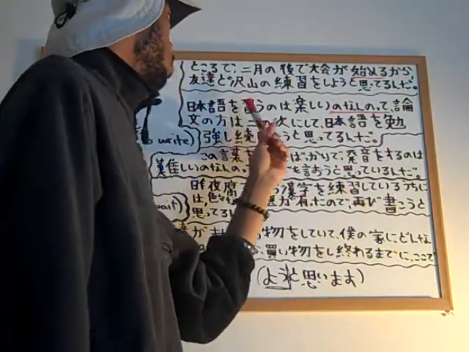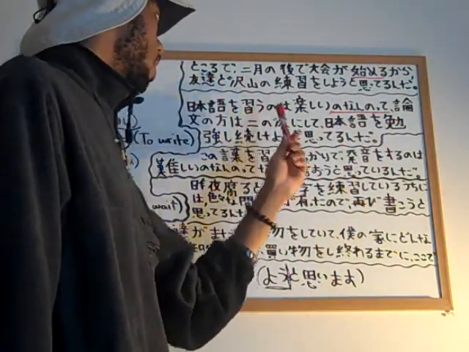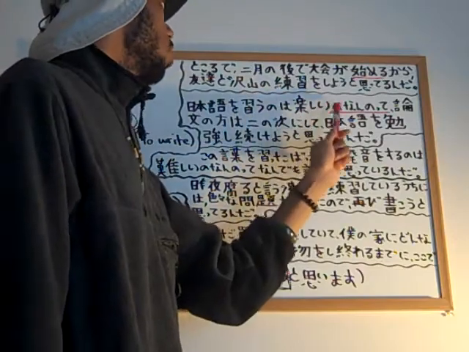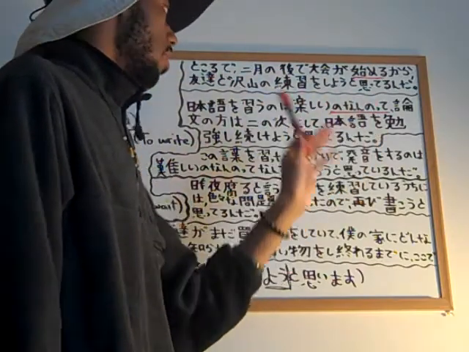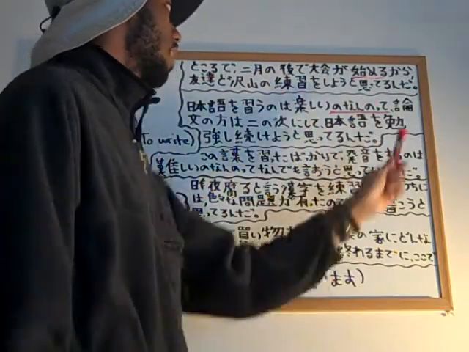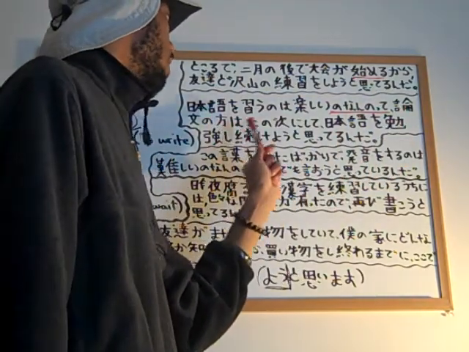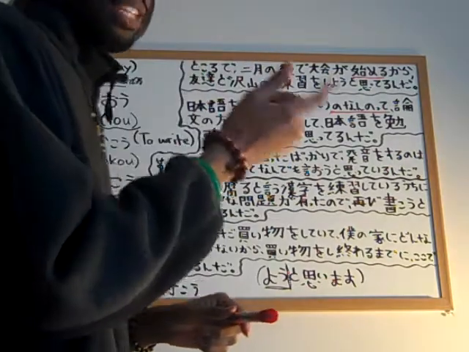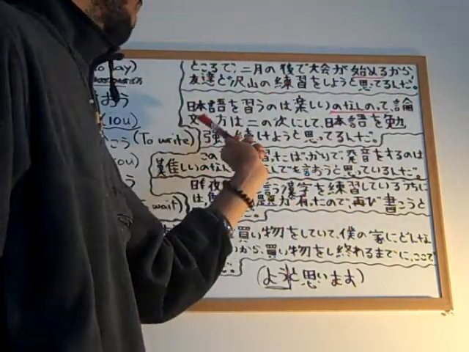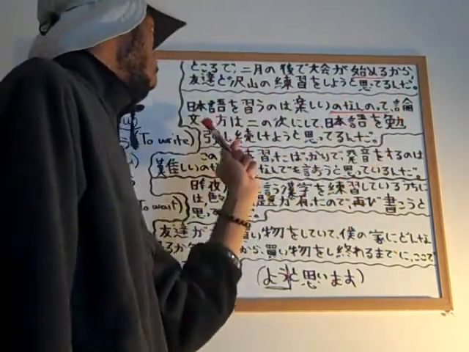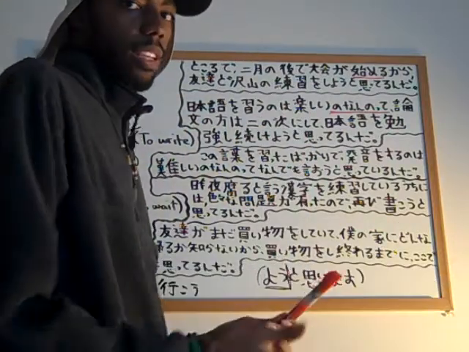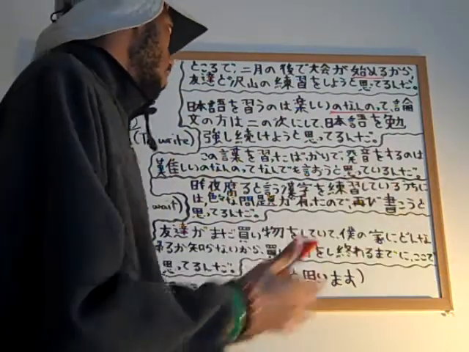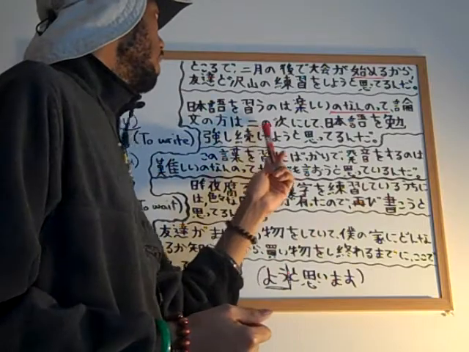So, 日本語を習うのは楽しいのなので, it is so fun to learn Japanese that 論文の方は. 論文 means thesis. So as far as my thesis, 論文の方は2の月にして.